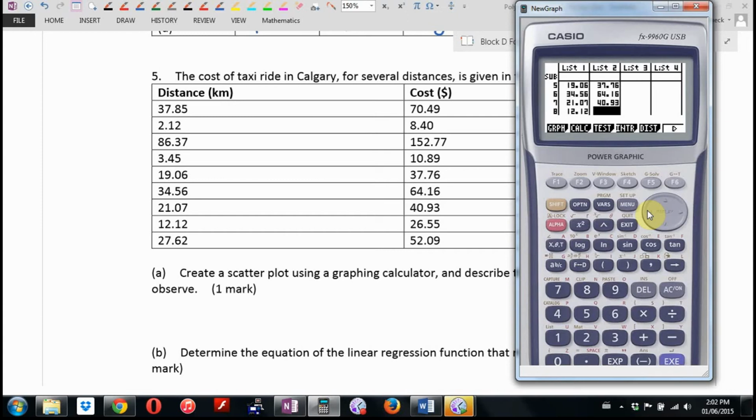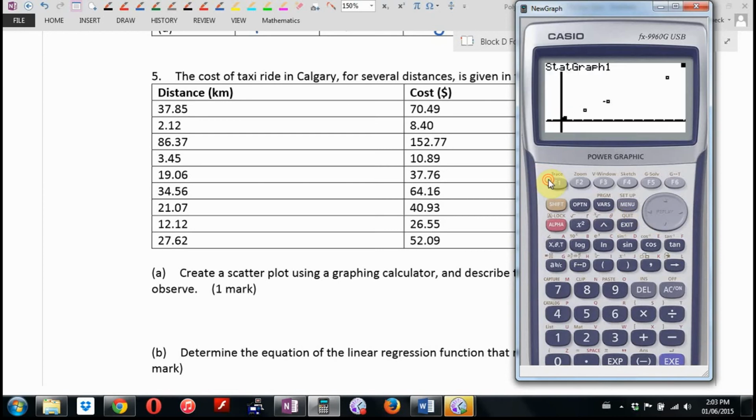Good gosh. 26.55, 52.09. Okay, I've got to check these points. 22 went with that. 12 went with that. 21 went with that. Okay, I think I'm good.